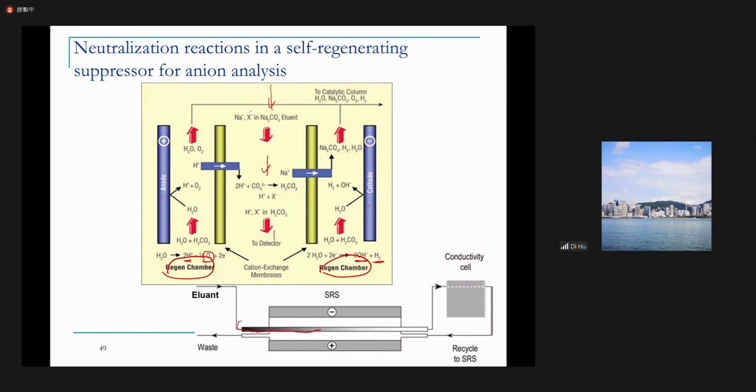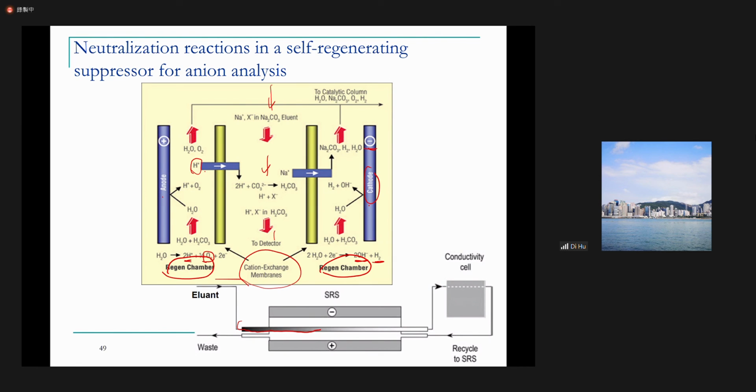But here, the inside of this middle is separated from the two regenerating chambers by two cation exchange membranes. That means the membranes only allow cations to pass through. So what happens is, at the anode, the hydronium ion is formed. This hydronium ion is positively charged and is attracted by the cathode because it is negatively charged. So it's moving that way. Unfortunately, this membrane only allows cations to pass.